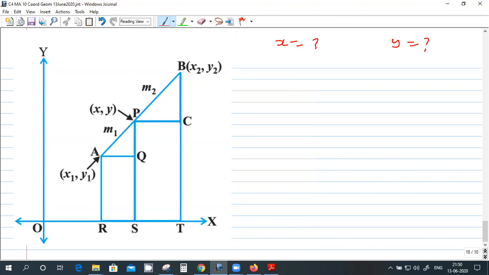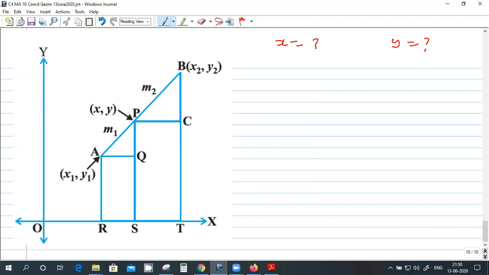But if AP and BP are not equal, you can find the distance AP and BP. So AP divided by BP will be equal to m1 by m2. But that is a complicated method. Do you see any similar triangles here?